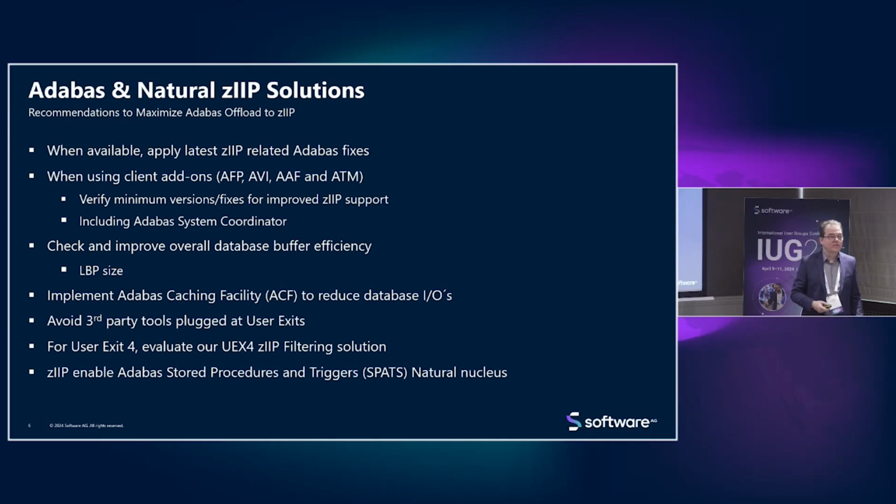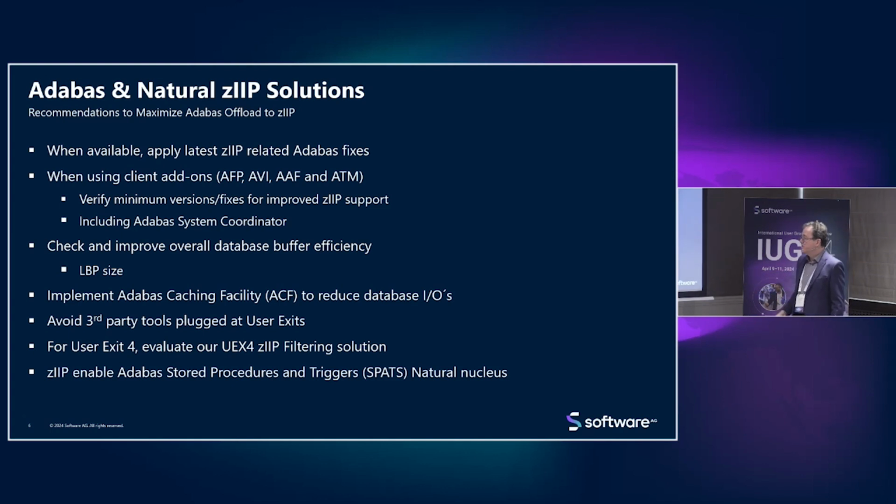So that's why we got so good results by tuning zIP. Sometimes the Adabas is running for some months or some years, and some tuning might be required. So we take advantage and do that as well.